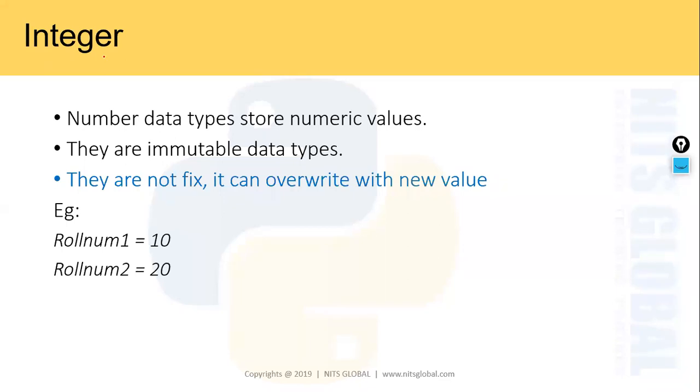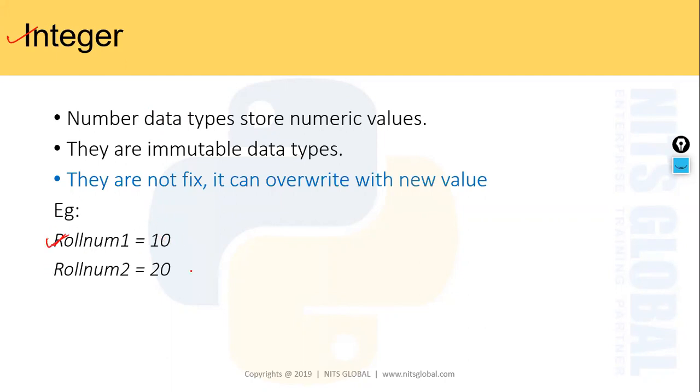If I talk about integer, what do you understand about integer? Integer is a number data type that stores a numerical value. You can store any number under any variable. For example, roll number 1 is a variable and the value is 10.